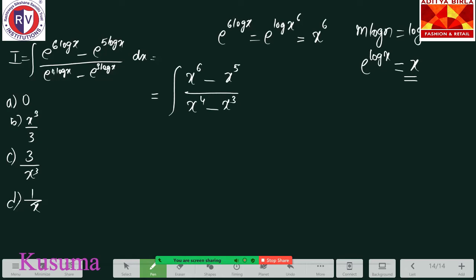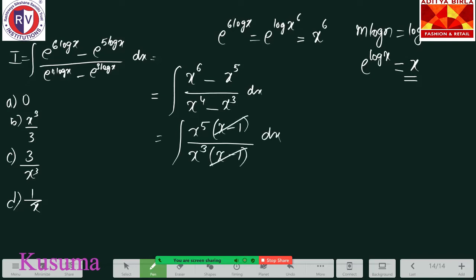Okay, now in the numerator I'll take x to the power of 5 common. So what is left out will be x minus 1, divided by, in the denominator when we take x cube as common term, we will have x minus 1, dx.